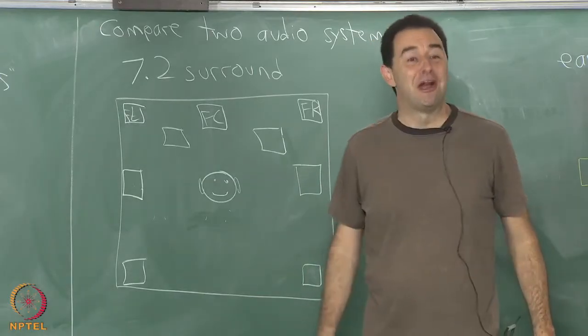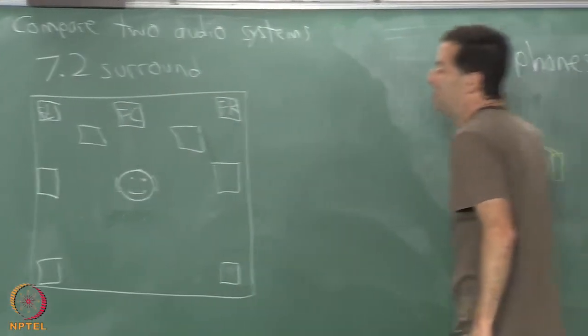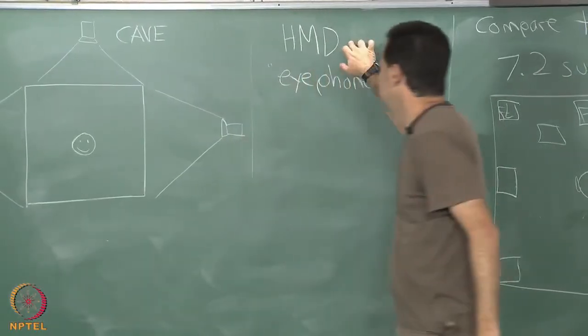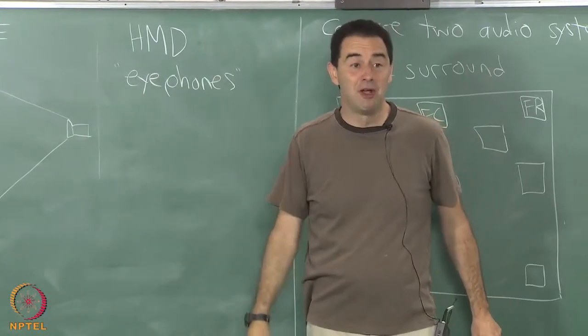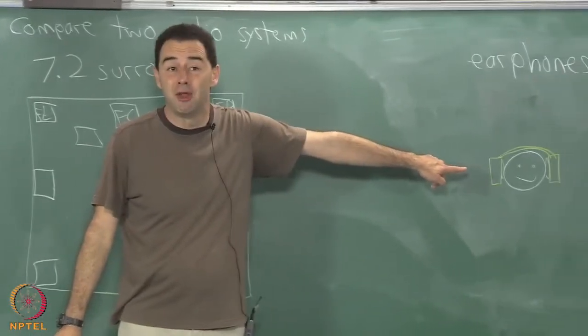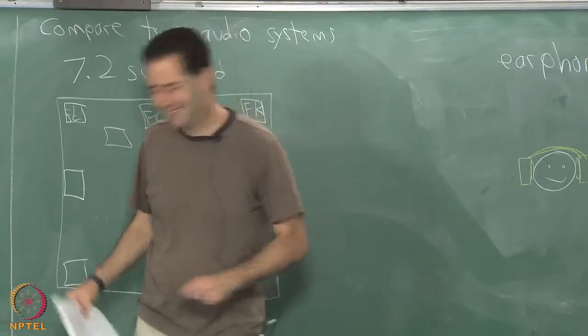So it's a different kind of iPhone than the one you know today, right? But it makes perfect sense if we compare these two. We have earphones here, iPhones here. They're both different kinds of headphones, and I guess you could call both of them a head mounted display, right? Even if you put on these earphones here, you could call that a head mounted display where the display corresponds to speakers, right?